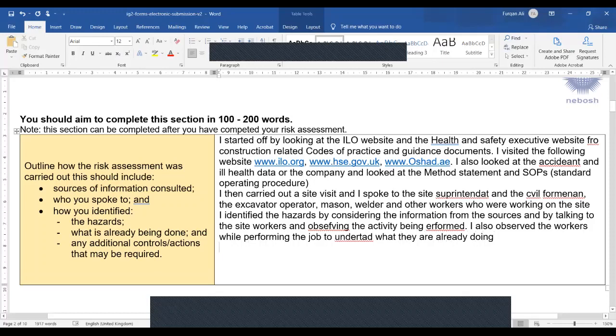Then I need to mention how I identified any additional controls or actions that may be required.